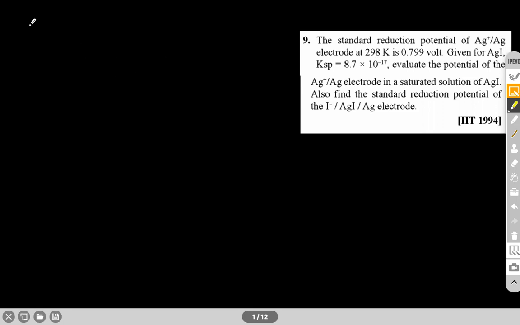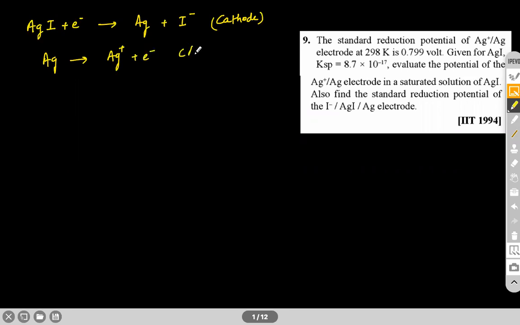The first reaction is the conversion of AgI into silver plus I minus. This is the reduction reaction, cathode, and the silver is getting oxidized. This is the reaction at anode. Overall, we can add the two and find out the E value of this.